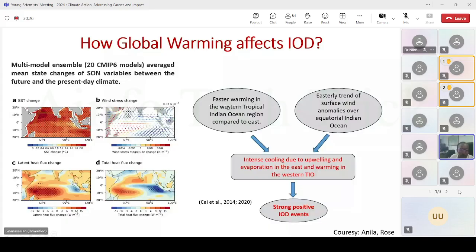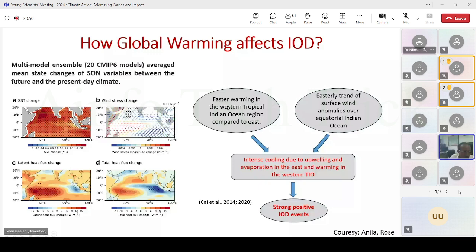So what are the characteristics of strong IOD events? We have looked at the strong and weak IODs. The shaded one is the SST in the strong IODs, and the right panels are weak IODs. You see a lot of changes between the strong and weak IODs, and the dashed contours are the Rossby waves.